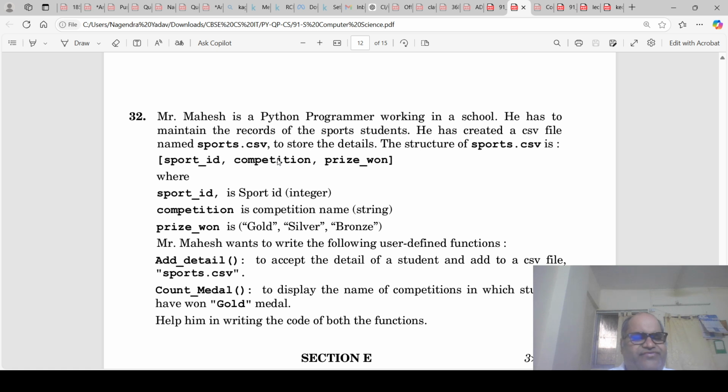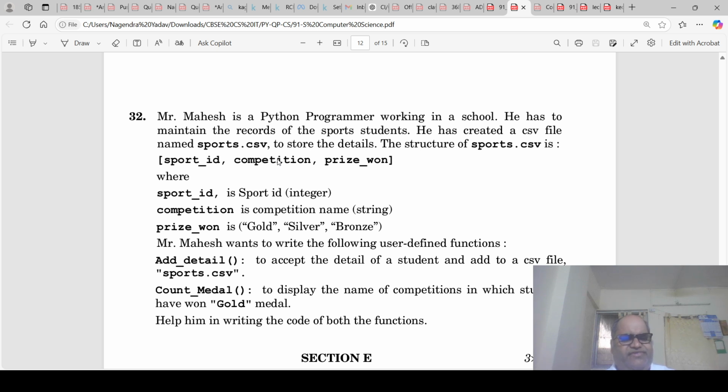So it's more like you read through the sports CSV file, and then you go through it and store your competitions. What you have to answer here is the name of the competition in which students have won a gold medal. So you keep reading through the sports CSV file and have a representation, maybe in a dictionary format.